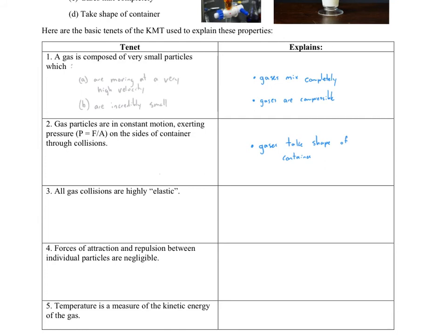Now, what about number 3? It says all gas collisions are highly, in quotes, elastic. Now, what does elastic mean? So to give you an example of an elastic collision, I'm going to show you these two basketballs colliding with one another. Now, if these two basketballs collided in real life, as you would expect, they would bounce off of each other. This is called an elastic collision.